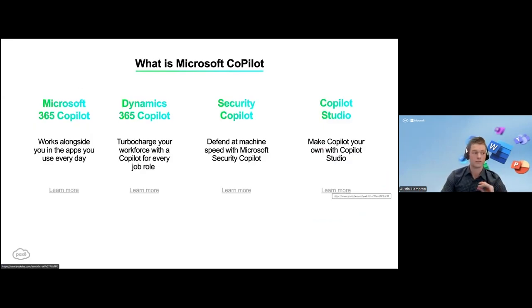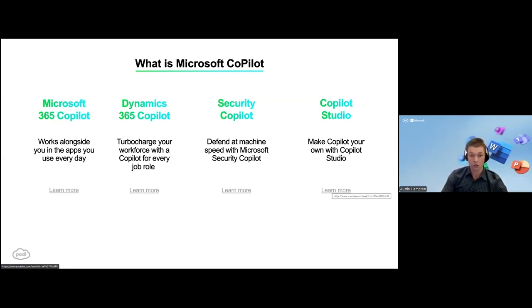The ones that we're going to be talking about most today are Copilot for 365 and Copilot for Web. Those two go hand in hand together. But I would be remiss if I didn't at least mention that there are Copilots within Dynamics. There's Copilot for Service and Copilot for Sales that allow you to integrate with Dynamics environments. There's Security Copilot, which is much more of an administrative tool set that allows you to harness the power of generative AI to ask questions about your security environment, give some feedback and some thoughts, as well as to analyze telemetry data.